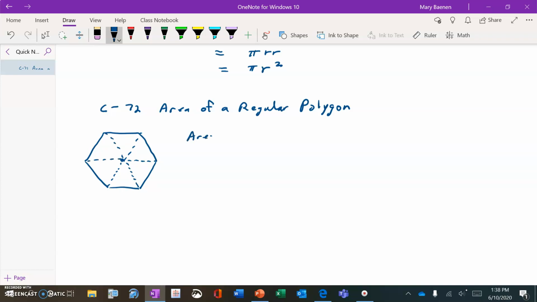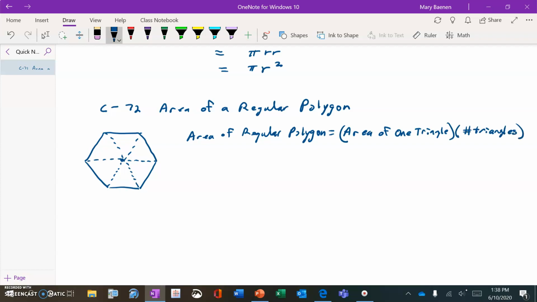So I think the area of the regular polygon is equal to the area of one triangle times the number of triangles that I have in the polygon. Okay, I'm going to work on this a little bit.